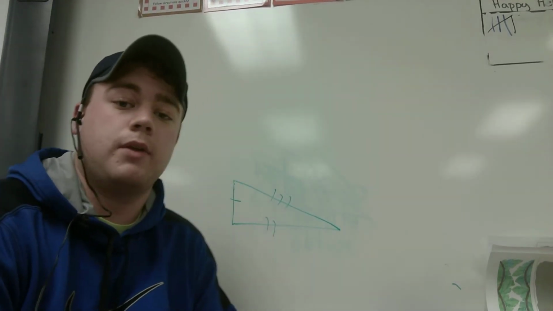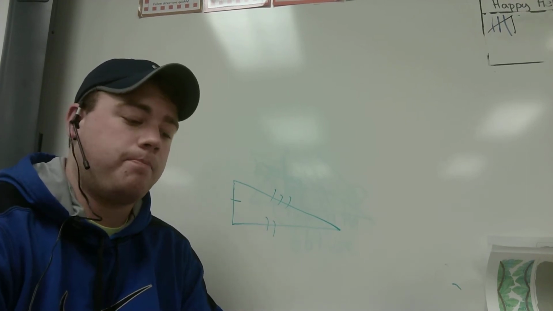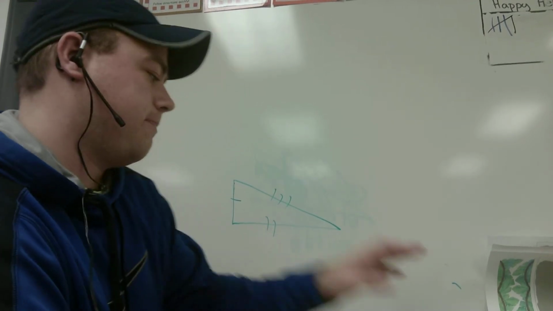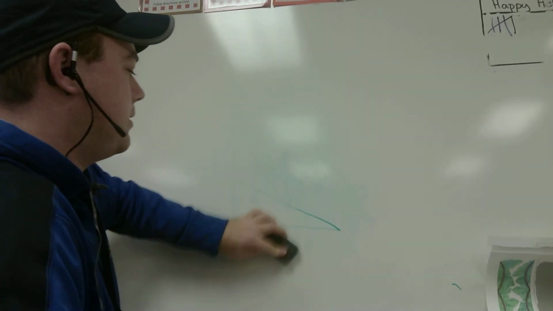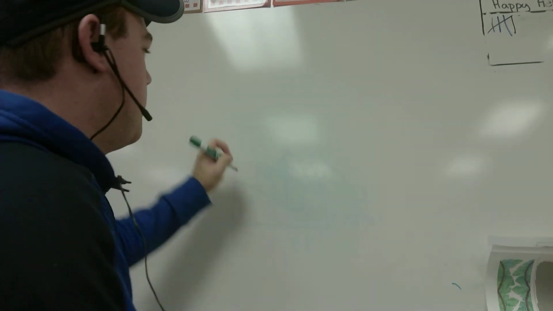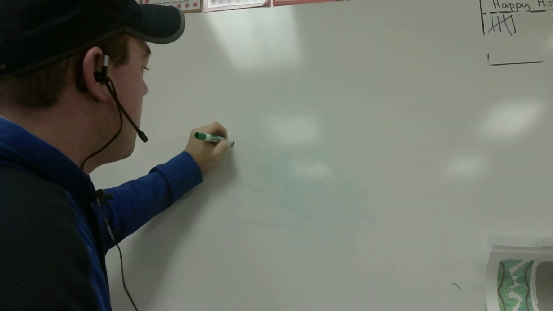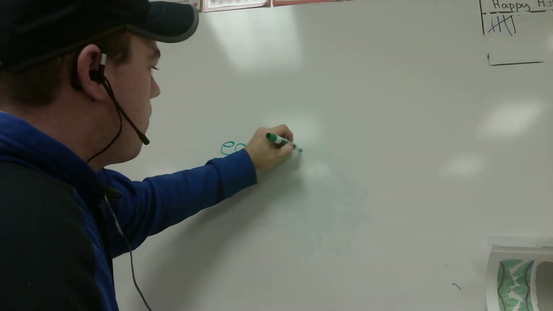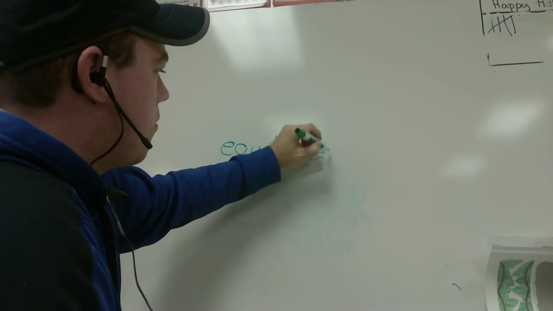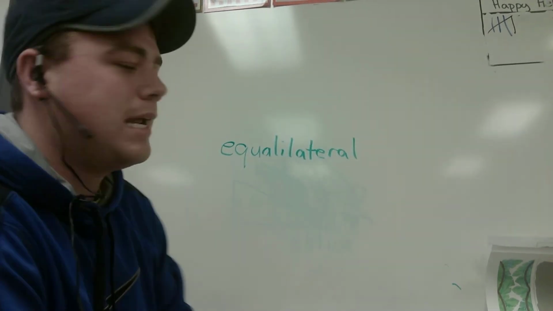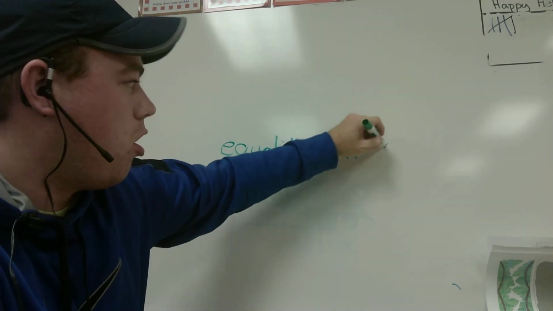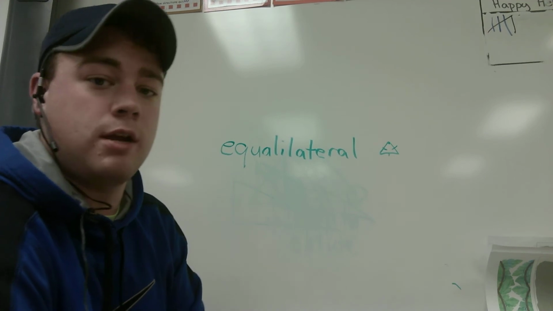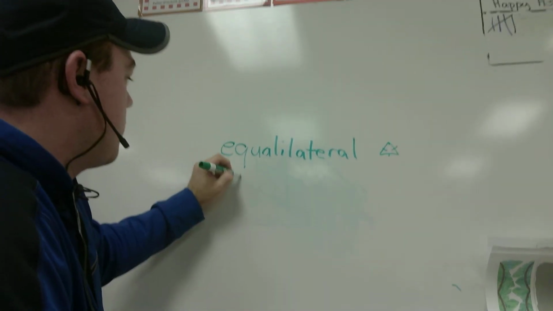So let's recap the sides. Let me write these names on the board so you can see. Let me make sure it's on the video. Your equilateral triangle, all sides are equal. All sides are equal on an equilateral triangle. Your isosceles triangle, two sides are equal.